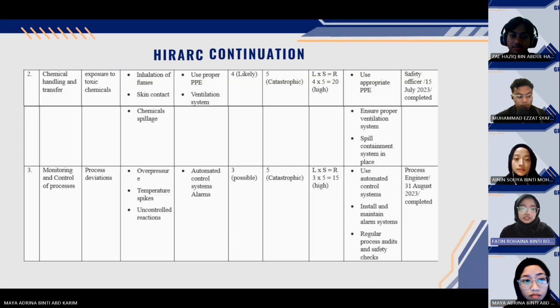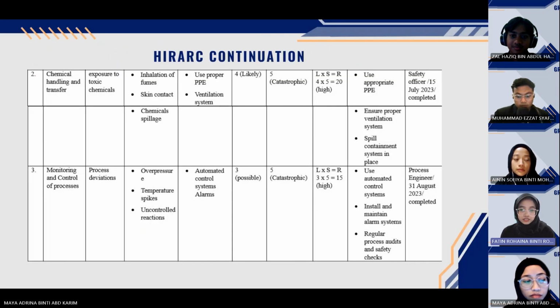Next, we address the chemical handling and transfer process, where exposure to toxic chemicals poses a significant risk. This exposure can result in inhalation of harmful fumes, skin contact injuries, and chemical spills. The existing controls include using proper personal protective equipment (PPE) and ensuring an effective ventilation system.